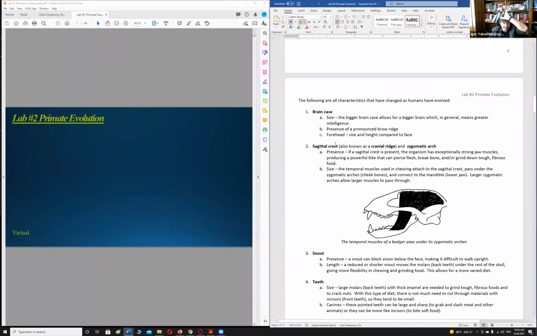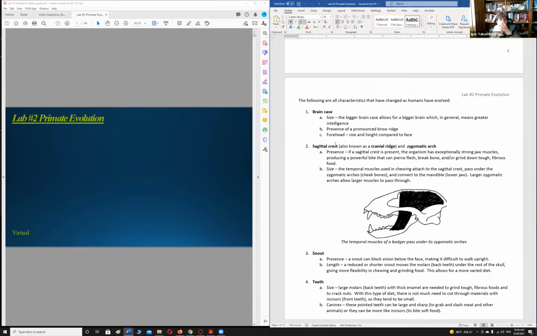Sagittal crest. You can see that I don't have a gorilla skull. In the gorilla skull, it's very prominent, and it tells us about the diet, because this is how the muscles go through and attach to the top of the skull. If I have a lot of muscles, I don't have a lot of brain. So it's either muscle versus brain.